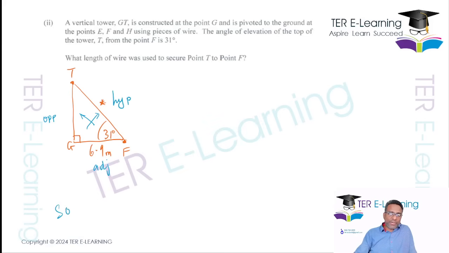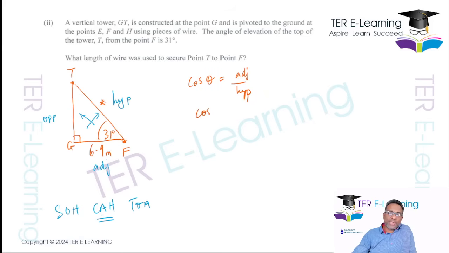So if we look at SOH CAH TOA, right? Now you want to find hypotenuse, and you have adjacent. So hypotenuse and adjacent, therefore we're going to use cosine, right? So in this case here, we're going to say cosine theta is equal to adjacent over hypotenuse, right?